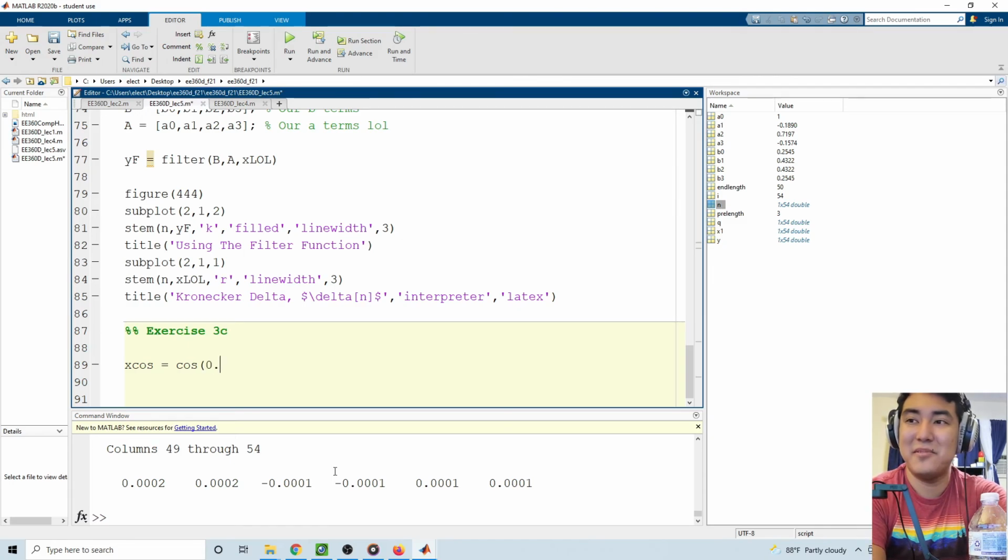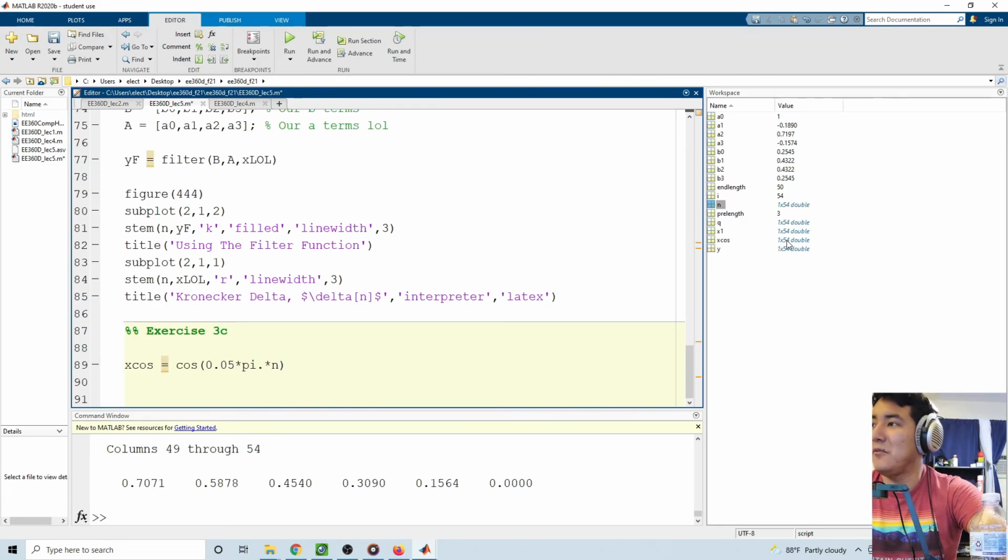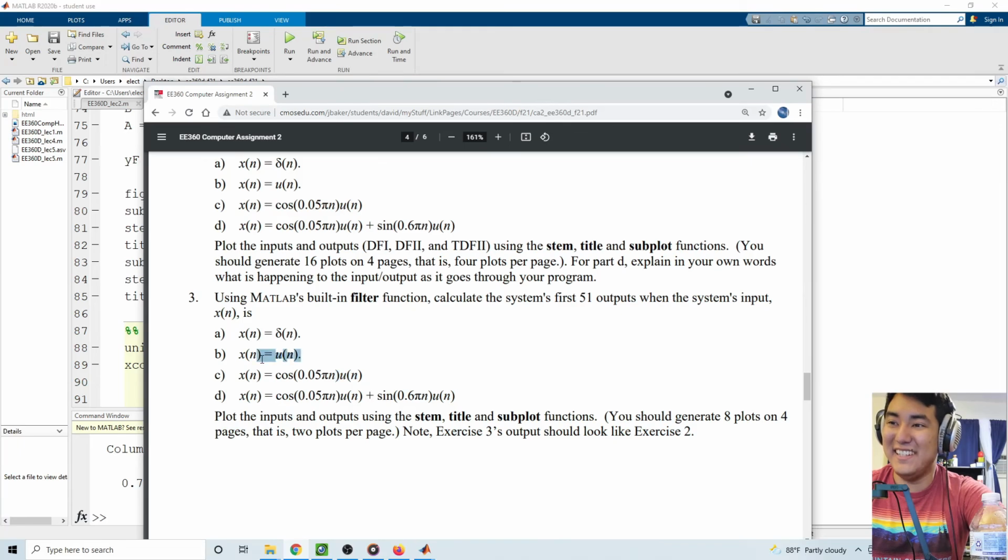Just do this, 0.05 times pi dot times n. So that should give you 1 by 54, but you've got to zero the first terms. Here's your unit step, which you've created here.